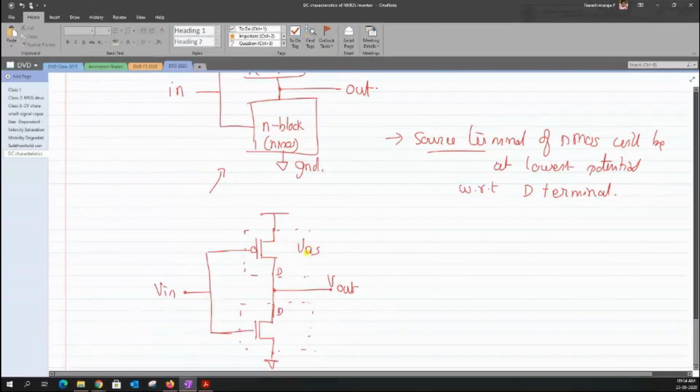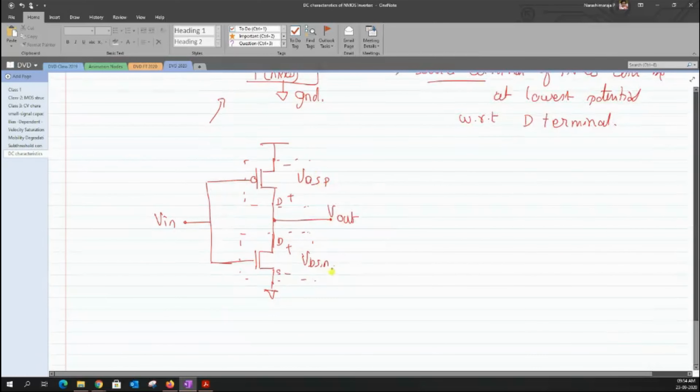So we know that this is the value of VDS-P that I have, and the VDS-N of this particular structure. Both these VDS values have to be related to a common variable, which is known as Vout. So let us try to write the value of VDS-N in terms of Vout.